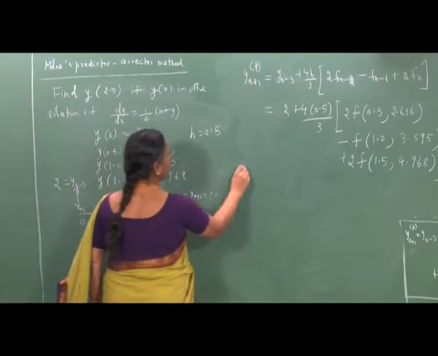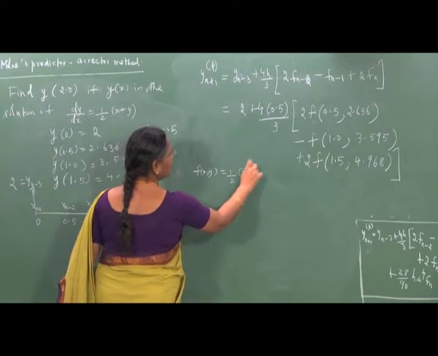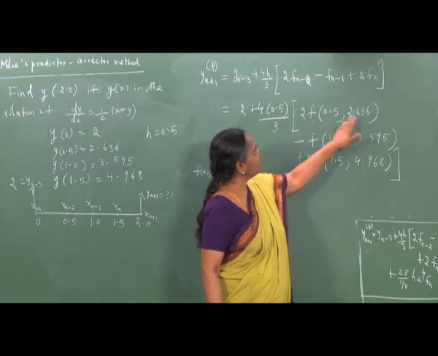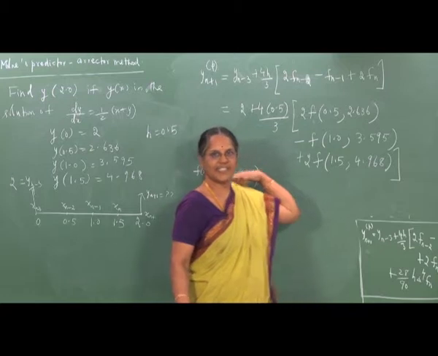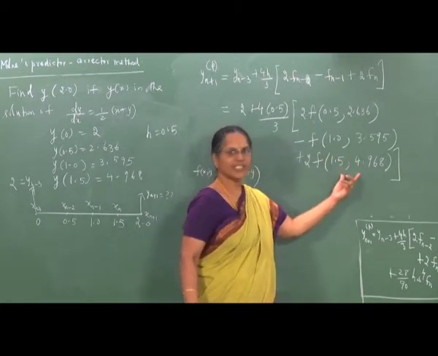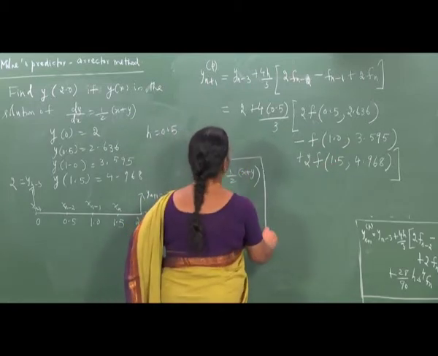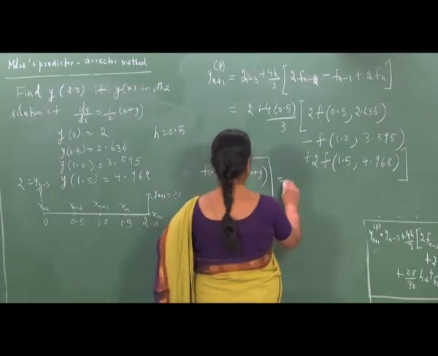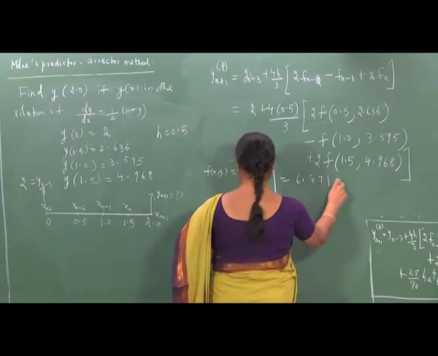What does it say? It says f of x comma y is half of x plus y. So, f of 0.5 comma 2.636 will be half of 0.5 plus 2.636. So, similarly, you can evaluate each of these functions which appear here, and if you simplify that, you end up with the predicted value as 6.8710.